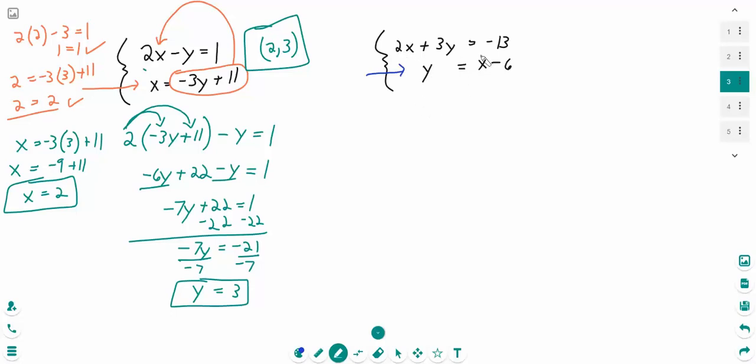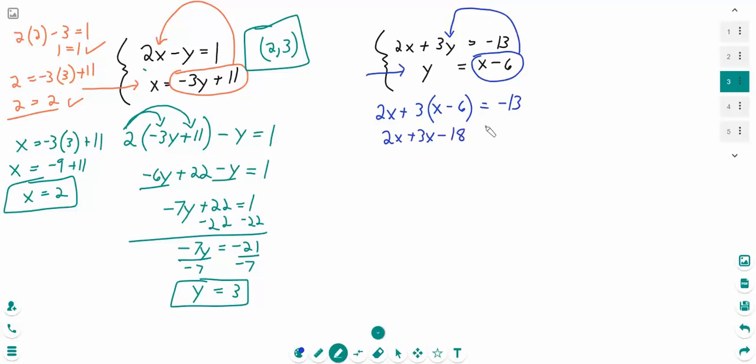This one is obviously the one that it's set up for. So let's plug this into the y, because that's what y equals. So we have 2x plus 3 times a y, which is now x minus 6, is equal to negative 13. Multiplying this through, we have 2x plus 3x minus 18 equals negative 13.